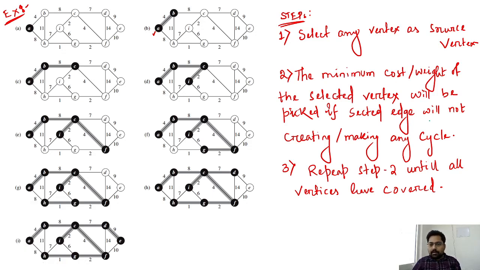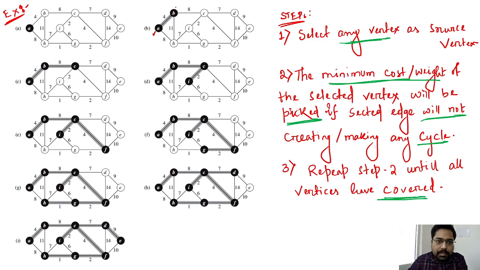If it is not making any cycle, we will pick, otherwise we will not pick it, and we will repeat until all have been covered. Any vertex we can pick as a source vertex, don't worry about it, but you have to keep in mind, you have to check the connected one. Now you check, as per this we have selected A to B.